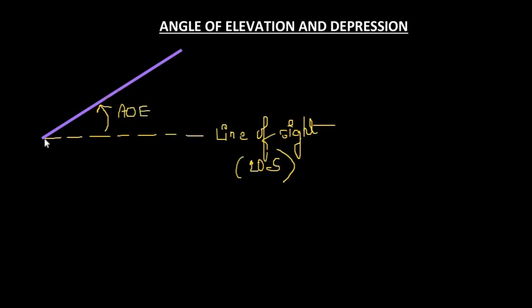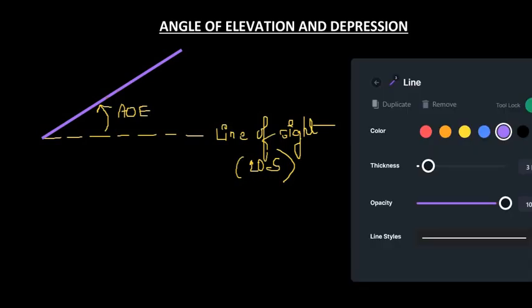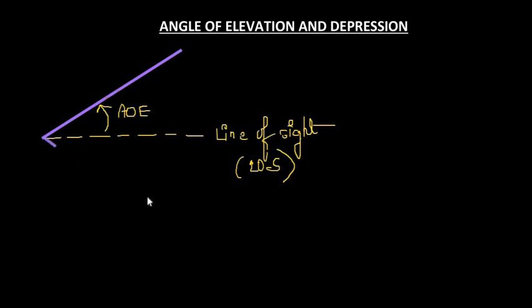Now think that you are on a bridge and there is a ship which is going below and you're looking at it. That is, you're looking at a ship which is going down. Now the angle your eyes make with the ship when you're looking down is called the angle of depression.